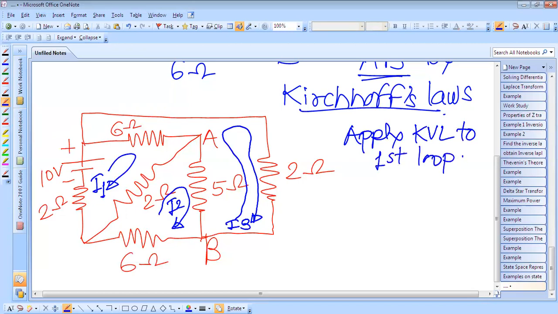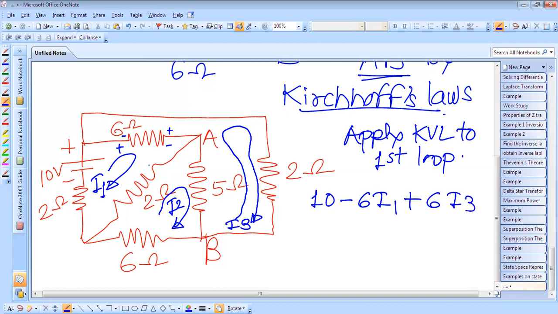Now I am starting from this. From negative to positive there is a rise in potential, so I write 10. Now I am coming here. The polarity of this will be like this, so there is a fall in potential because of this current I1. So minus 6I1. At the same time, this current is opposite to I1, so there is a rise in potential because of it: plus 6I3.